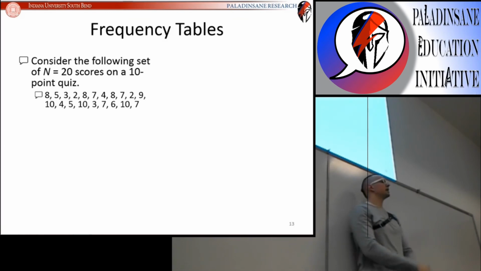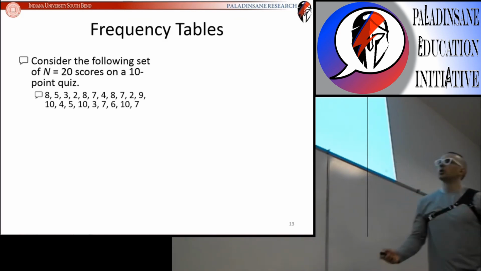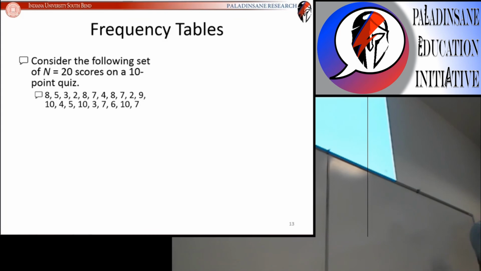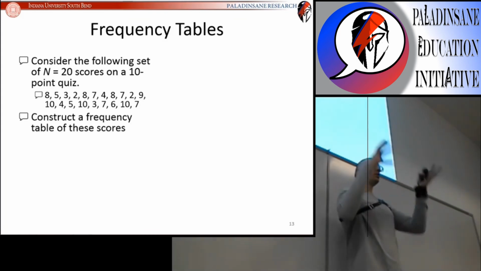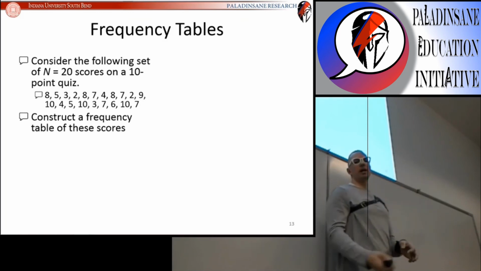What's the attendance that I can plan for? Looking at that set of scores, it's very difficult to answer that question. So what we need to do is construct a frequency table of these scores. We need to put it in an order, in a structure that our human minds can deal with.